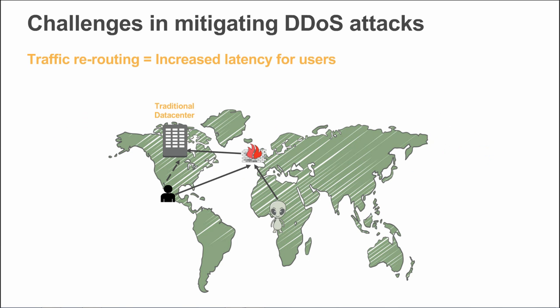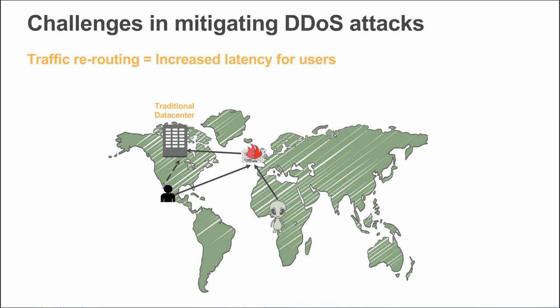The third type of challenge that we hear from customers is that this rerouting that solutions providers often implement increases latency for real users, which is just a side effect of DDoS mitigation that customers often don't like.